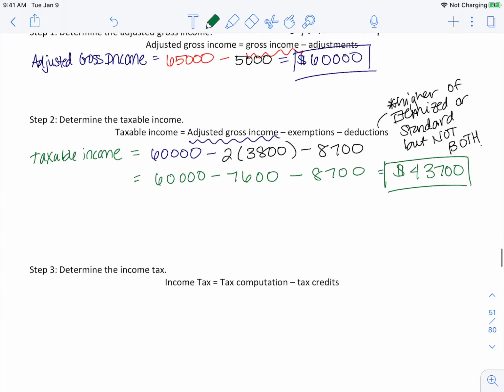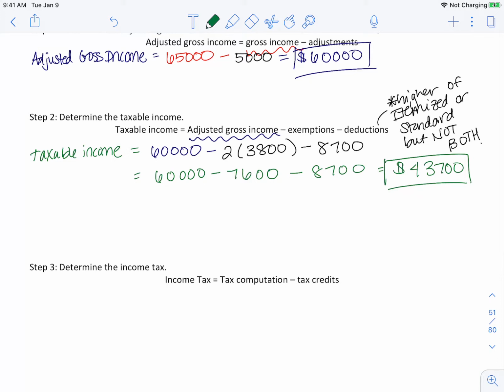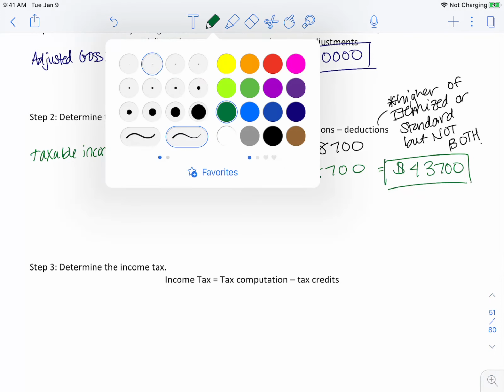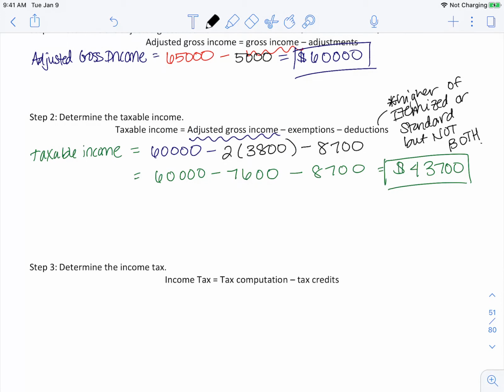So our last step now is we have to determine the income tax. So our income tax is our tax computation minus any tax credits. So if we look in our chart, our taxable income is $43,700, right? So I'm going to write this here.